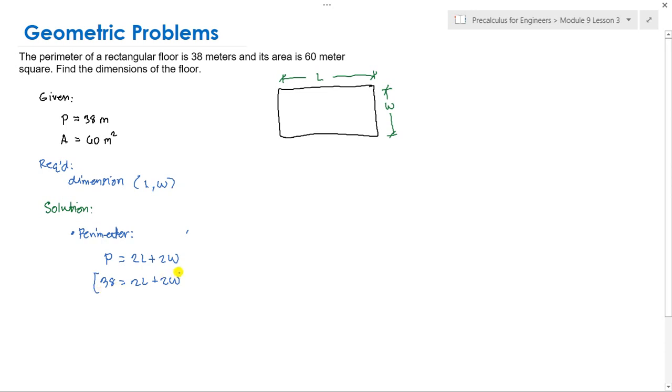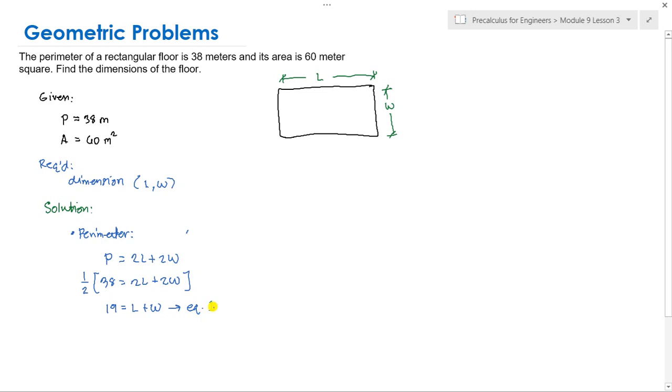Now, if I multiply both sides by 1/2, we have 19. 19 is equal to length plus width. So this would be our equation 1.